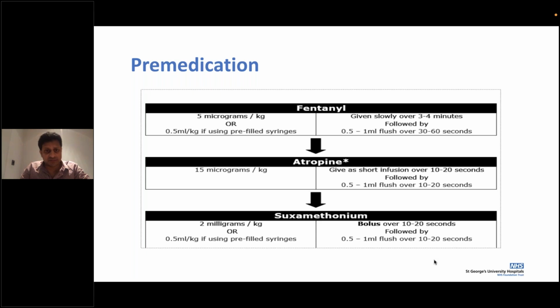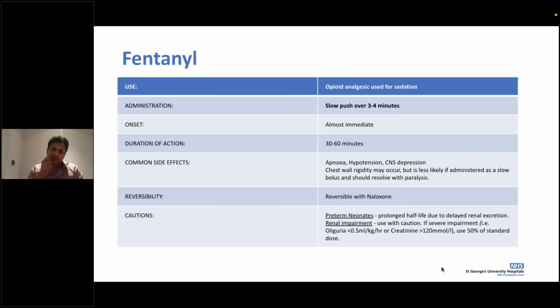In that case, you can give atropine. And dexamethasone is given once you've given fentanyl and you know that it's been at least 1 or 2 minutes. That's your time for the dexamethasone, and it's 2 milligrams per kilo, given as a bolus.